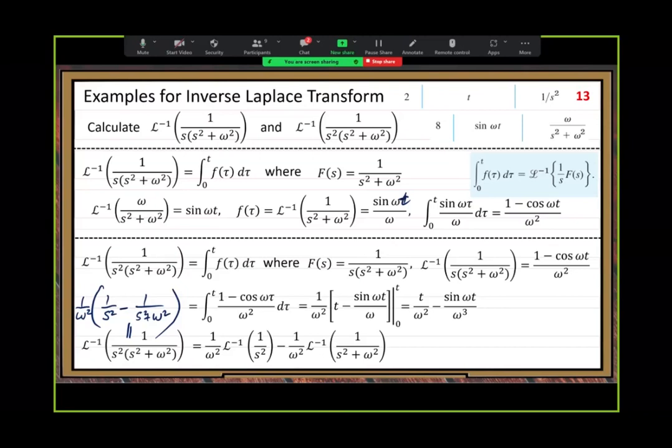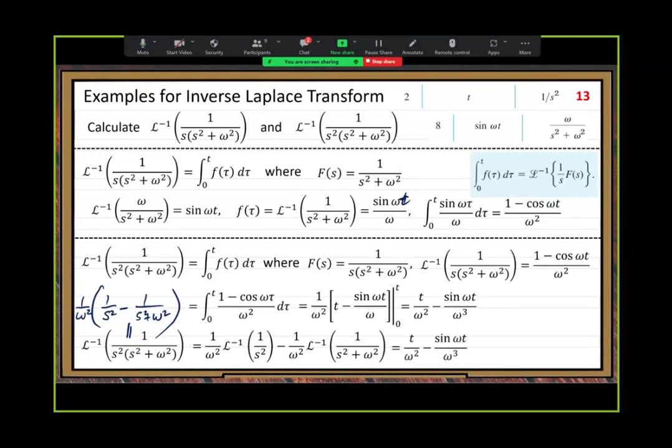Then apply the basic inverse Laplace transform formula. This one is from the sine formula. So you see the final result is the same as that function.